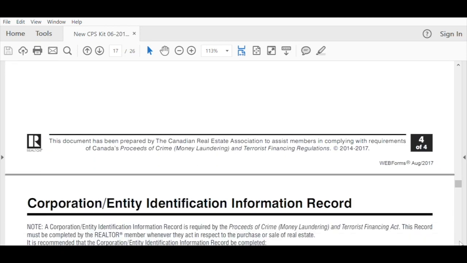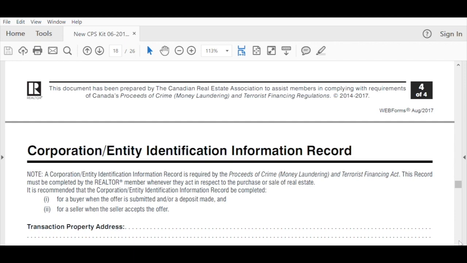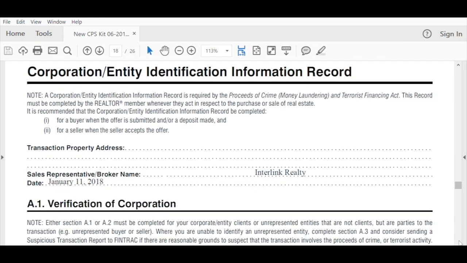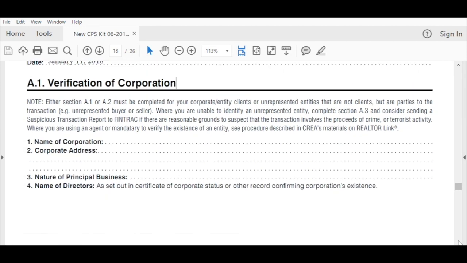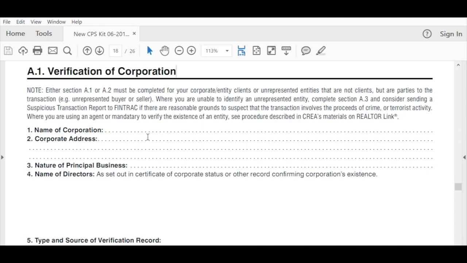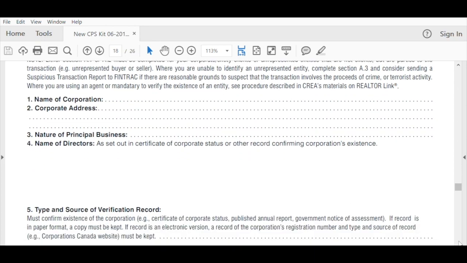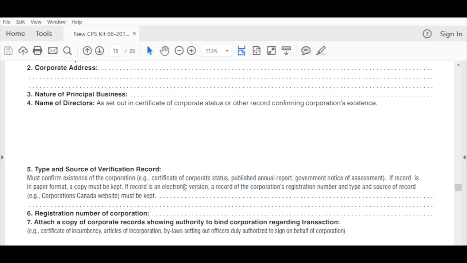If your client happens to be a corporation, you have to fill in the transaction address, your personal name as well as the broker's name, and then you have to verify the name of the corporation, corporate address, nature of principal business, the name of the director, and then type and source of the verification record, such as certificate of corporate status, annual report, government notice of assessment, and the registration number of the corporation, a copy of the corporate record showing authority to bind the corporation regarding the transaction.